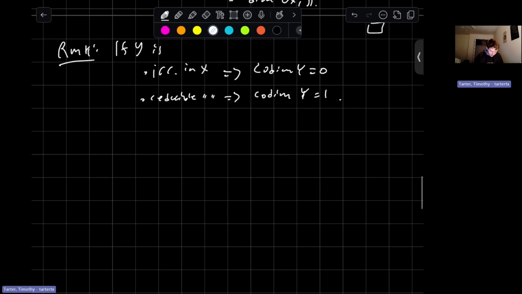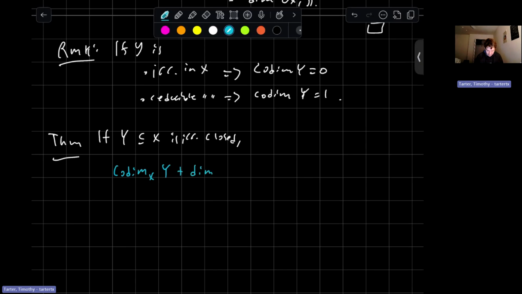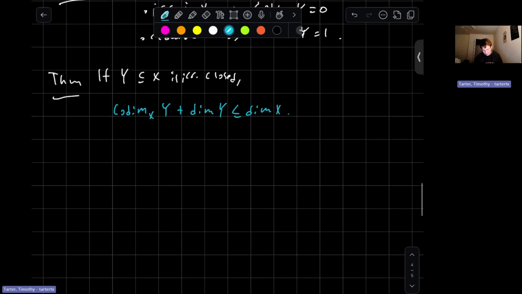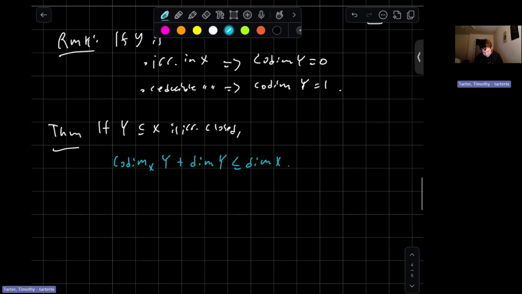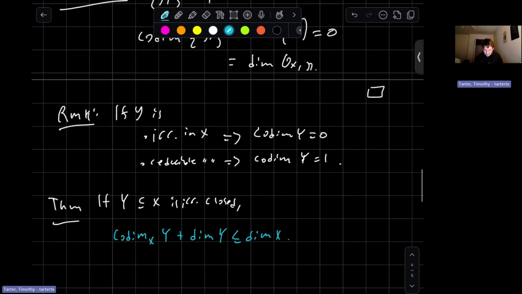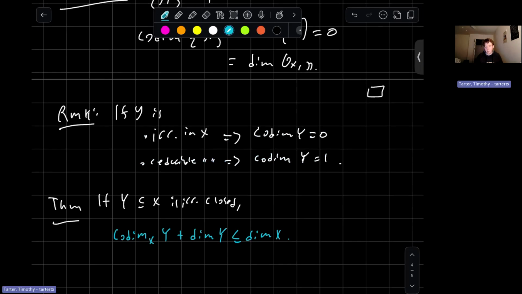So then, as an additional theorem, if Y contained in X is irreducible closed, then the codimension of Y in X plus the dimension of Y is less than or equal to the dimension of X. Oh, if X and Y are irreducible varieties, this is an equality.